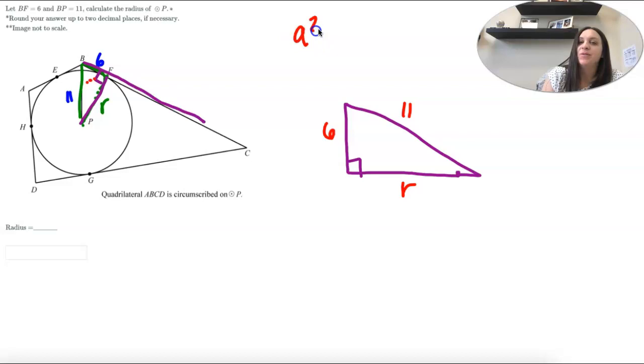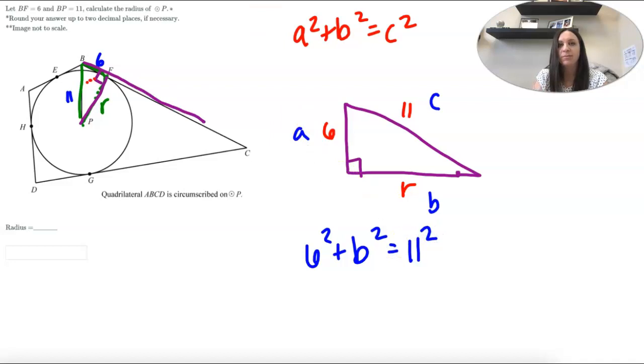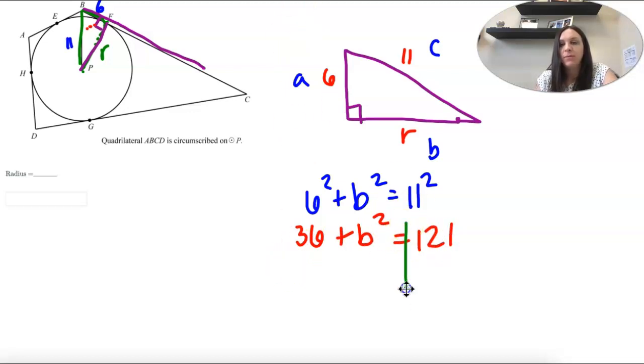So we're going to use Pythagorean theorem to solve this triangle. Remember, C is always the hypotenuse and then A and B are just the legs. So A, 6 squared plus B squared equals 11 squared. 36 plus B squared equals 121. Now I want to get B by itself. So I'm adding B, so I'm going to subtract 36 from both sides.